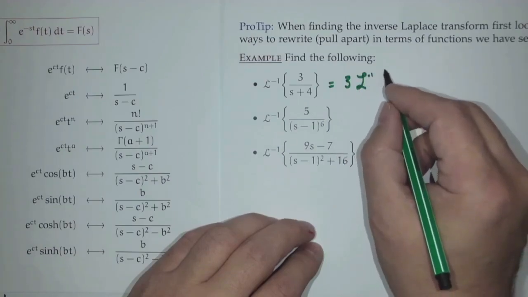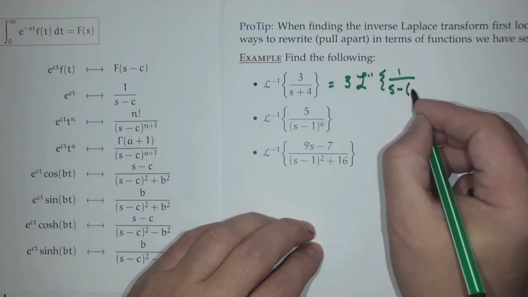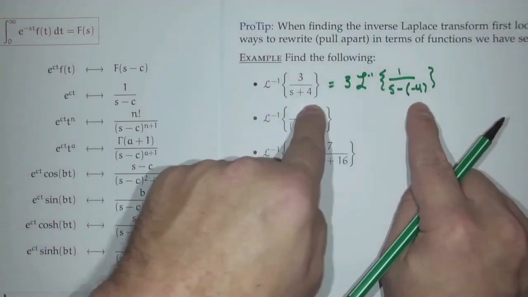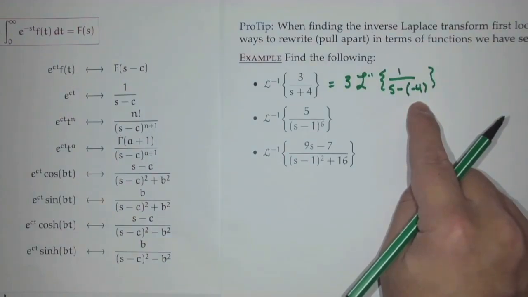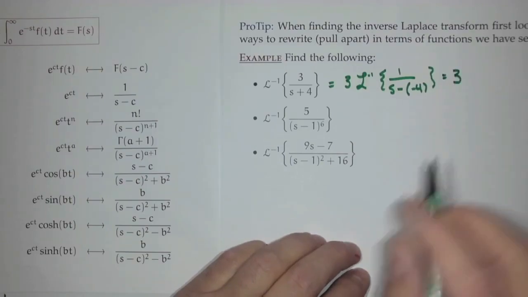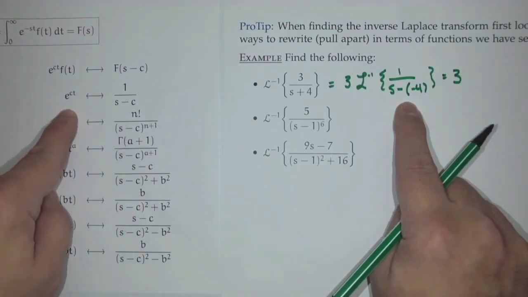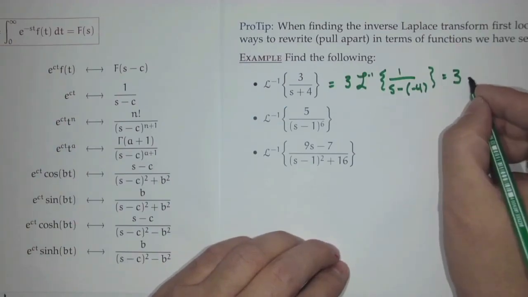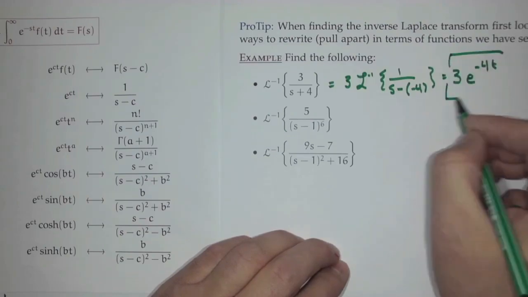Inverse Laplace transform of 1 over, and then I'm going to really emphasize s minus minus 4. What I'm trying to do is make this expression fit my mold. My mold is 1 over s minus c. So 3 is 3. If I have 1 over s minus c, where did I come from? Yeah, so e to the negative 4t. And that's the answer.